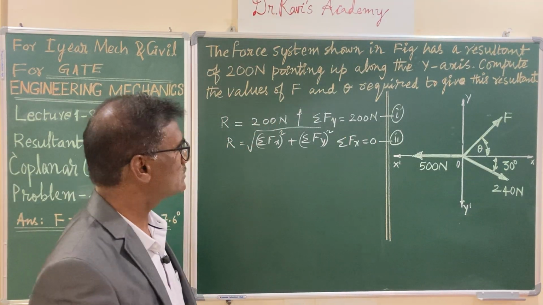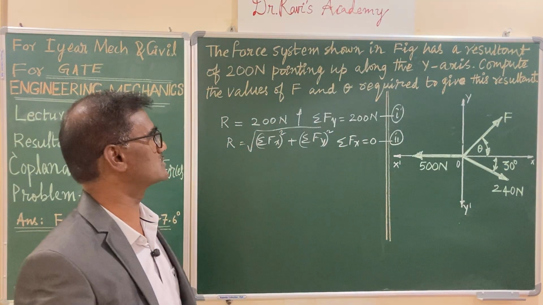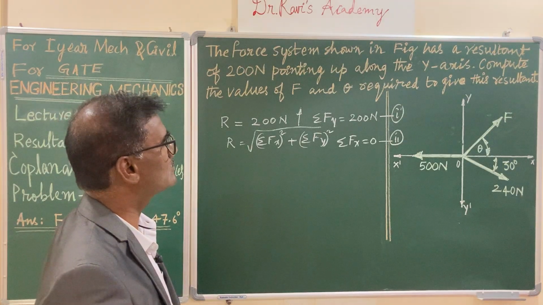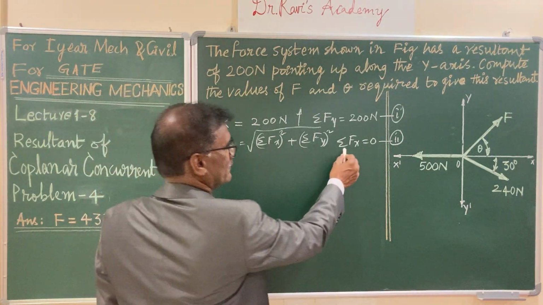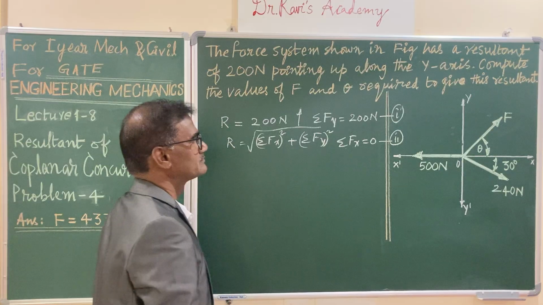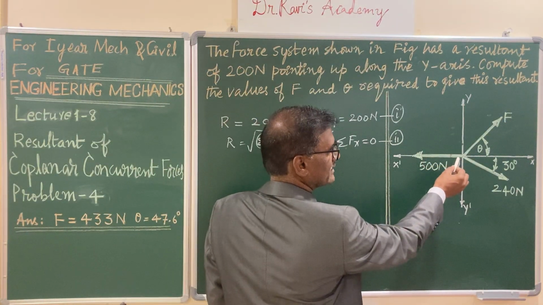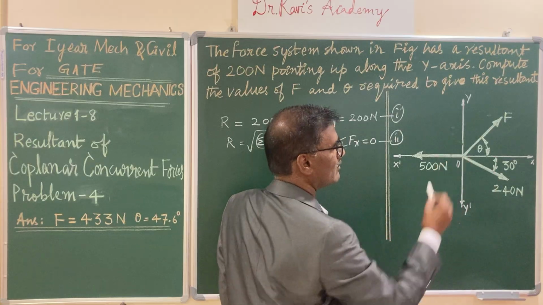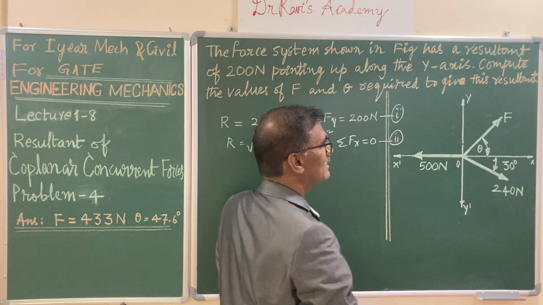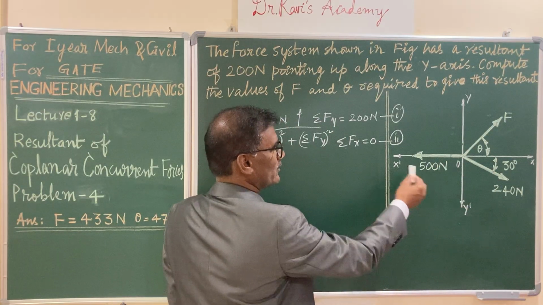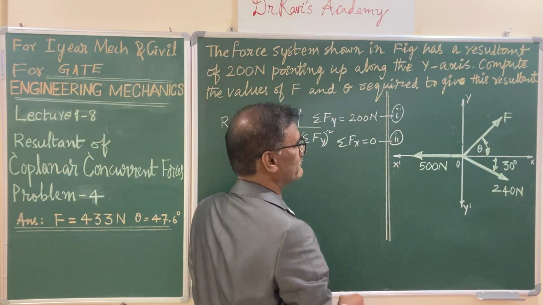Using these two equations, let us solve for the unknowns. Sigma Fx is equal to 0. As you know, the sign convention for forces pointing in the x direction is positive and for forces pointing in the x prime direction is negative.